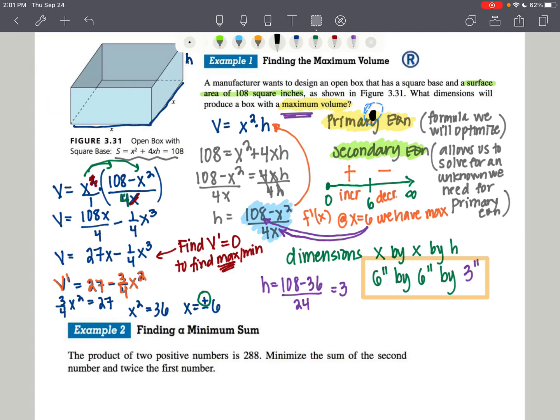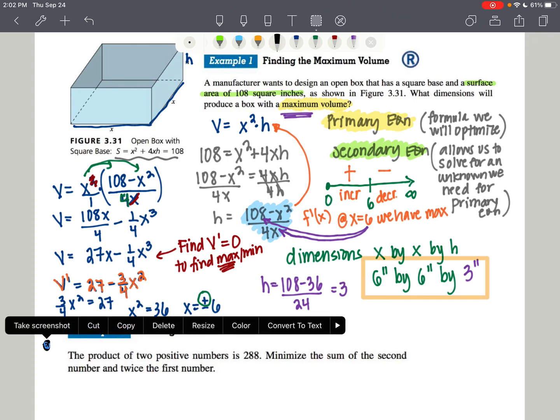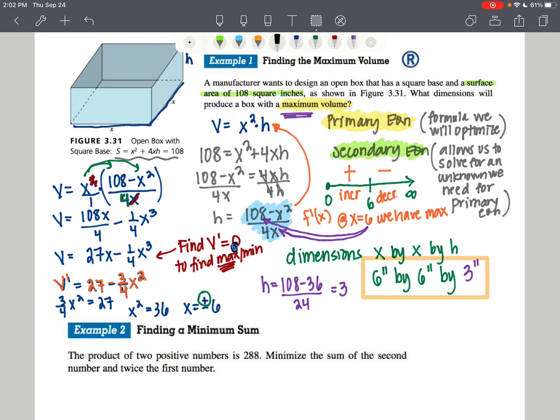So now after we get our secondary equation solved for h, we plug it back in, we can come over here and manipulate that equation so it's in a nice form for us to find our derivative. We find our first derivative, set it equal to 0, and we solve for our critical numbers.